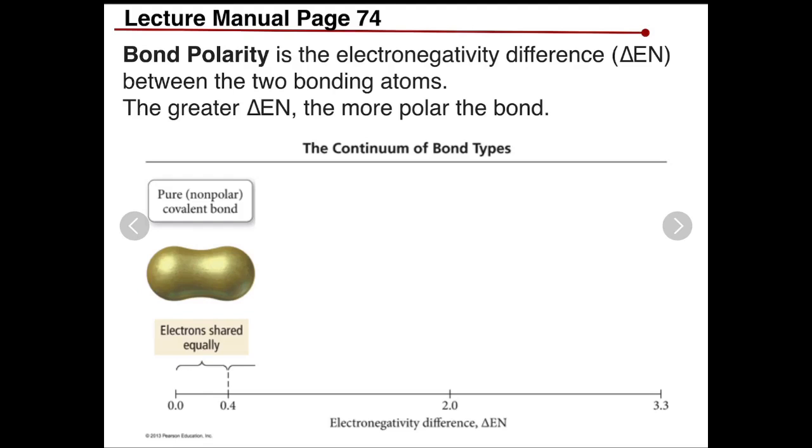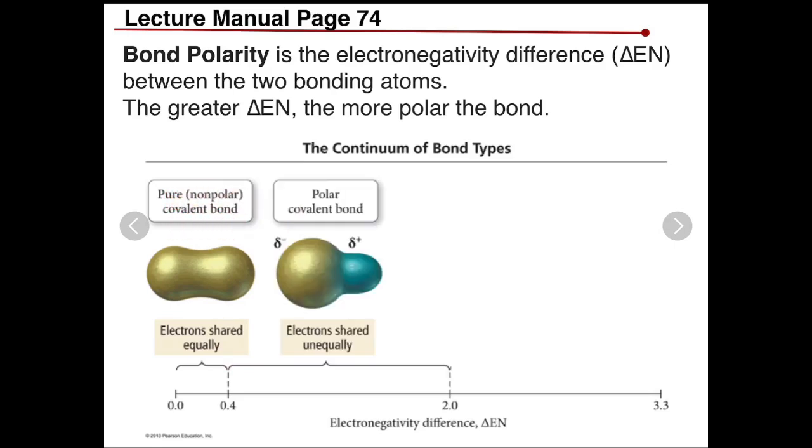They don't attract electrons away from the other atom, so they share equally. This type of bond, where atoms share equally, we call a pure covalent bond or non-polar covalent bond.